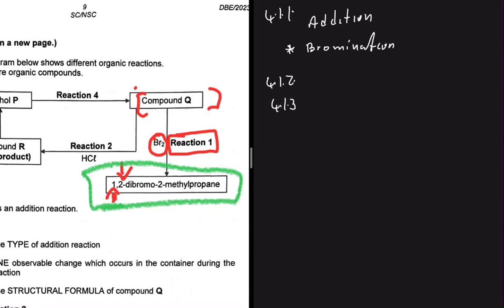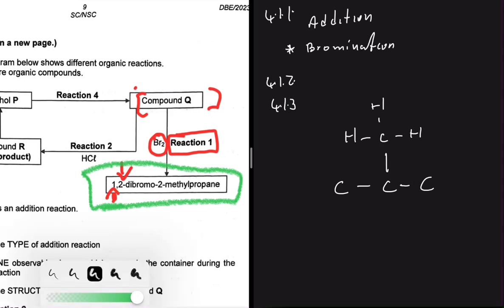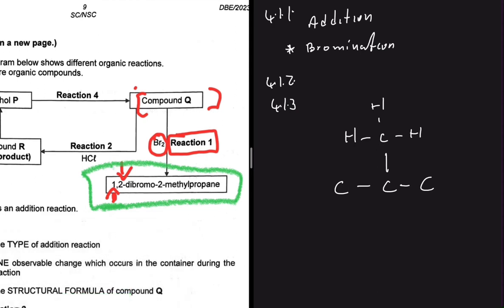So what am I saying? We have 1, 2, 3 carbons for propane, and on the second carbon we have a branch which is methyl, so we need only 1 carbon here. Now, when we add Br2, one Br will be on the first carbon and the other Br will be on the second carbon.